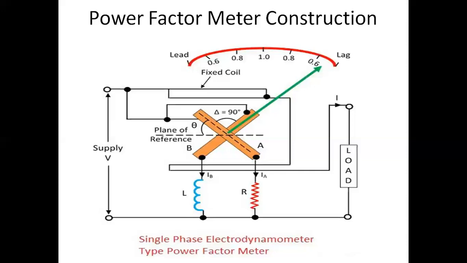So this is the working and construction of the single phase electrodynamometer type power factor meter. We will do the working and construction of the three-phase electrodynamometer type power factor meter also.